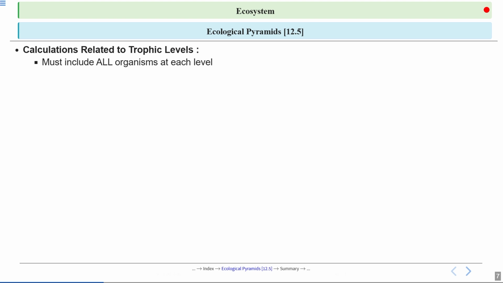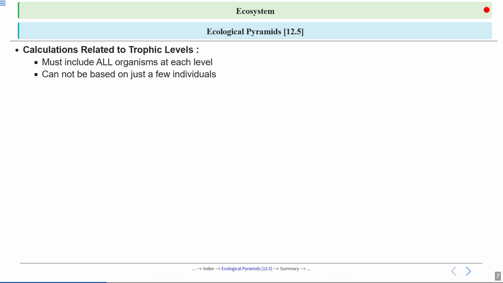For example, in a grassland ecosystem, you cannot just count the rabbits as the only primary consumers. You also need to count every single mouse, grasshopper, and other plant-eating insects to get the true picture of that trophic level. If you miss any of them, your calculations for the energy, biomass, and number at that level will be wrong.